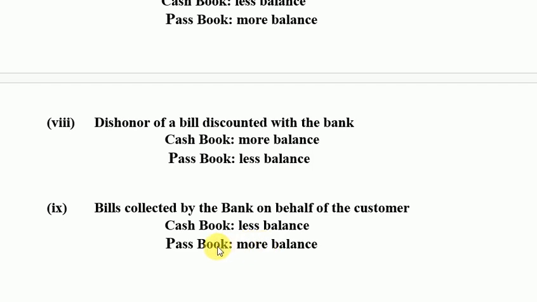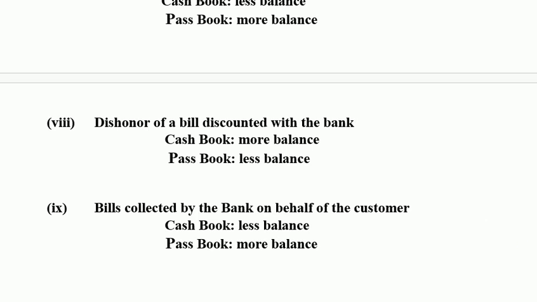So passbook will have more balance, whereas cash book, till the time the amount is recorded in cash book, will have less balance. This is the impact of this cause, bills collected by bank on behalf of the customer. So all these causes are very important.